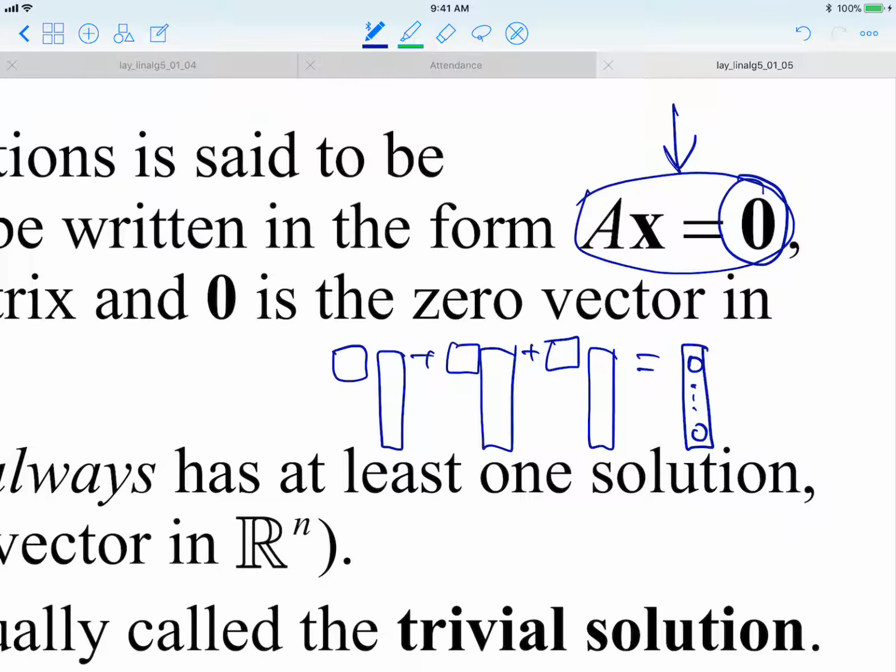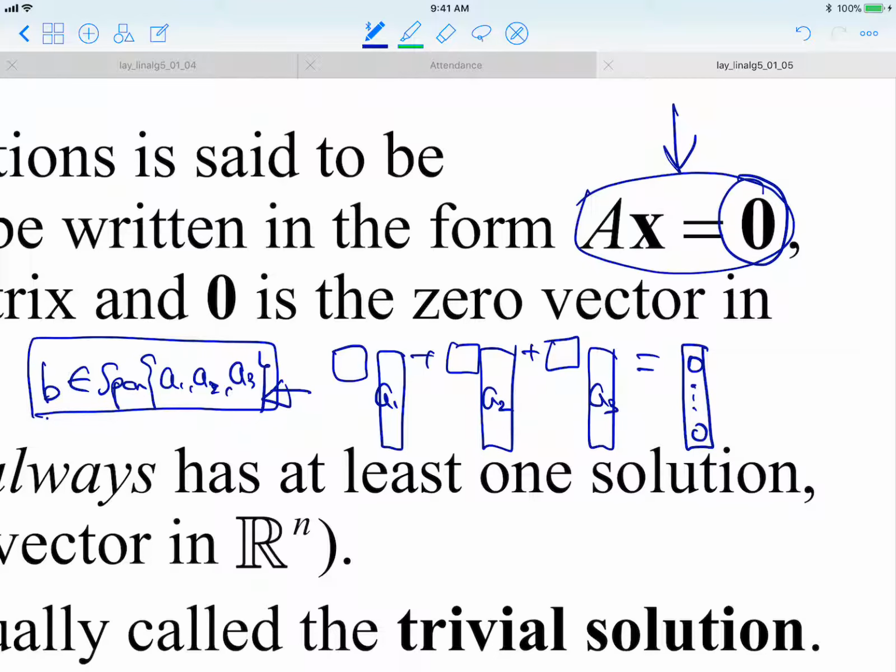In terms of whether we have a solution or not, if our b vector belongs to the span of a1, a2, and a3, where this guy is a1 and a2 and a3, then this is when we have a solution, right?